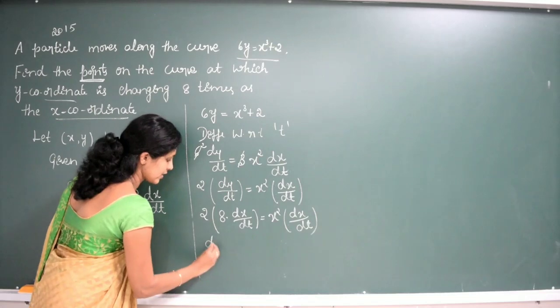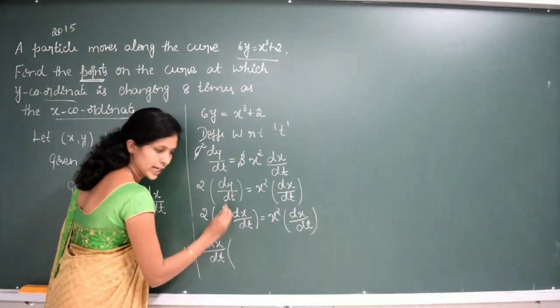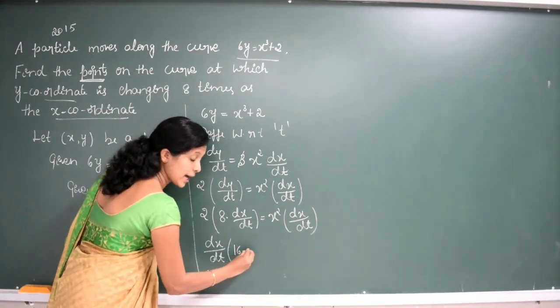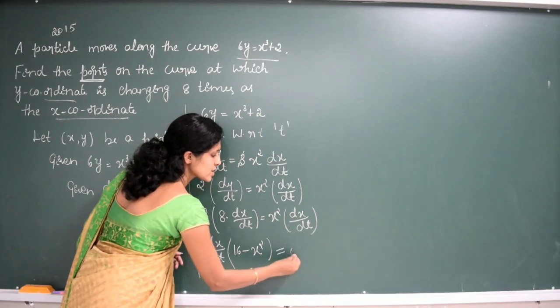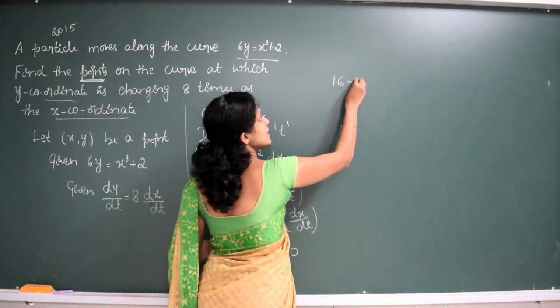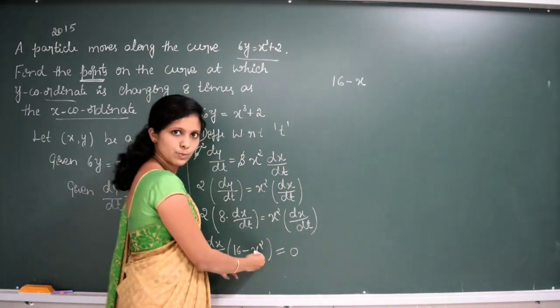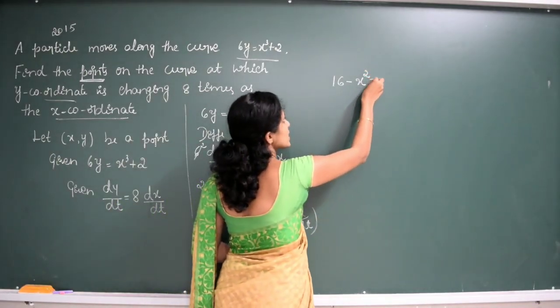So now I can write dx by dt into (2 into 8, that is 16, minus x square) is equal to 0. Is it clear? So the product of these two should be equal to 0, which means 16 minus x square should be equal to 0.